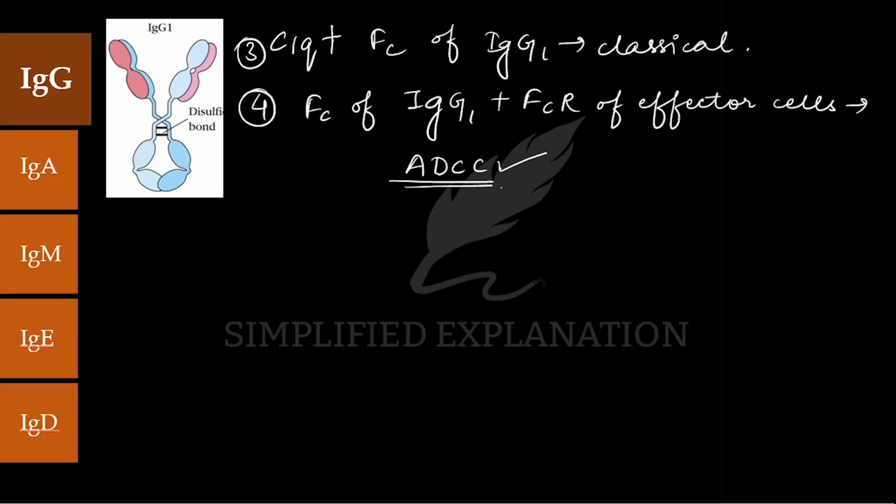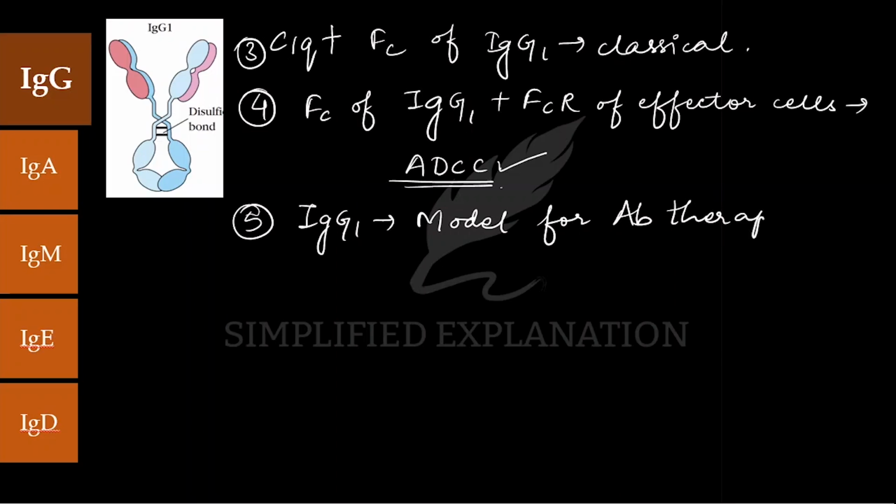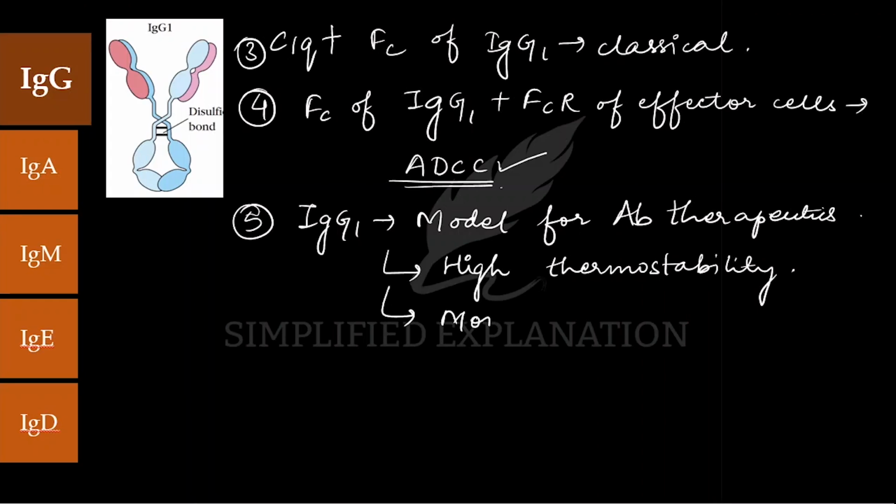Then this IgG1 acts as a model for antibody therapeutics because it has some unique properties. What are those properties? It has high thermostability, and it is monomeric in nature. The structure, if we see, is monomeric.